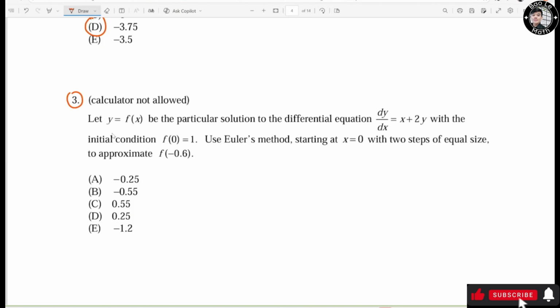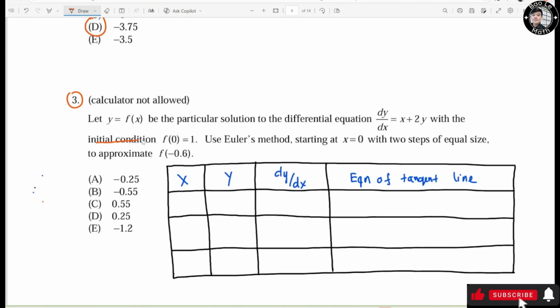We just get the table. The initial condition is right here, x equals 0, y equals 1, right? And look at the steps right here. 2 steps of equal size starting from x equals 0 and then ending at negative 0.6, right?